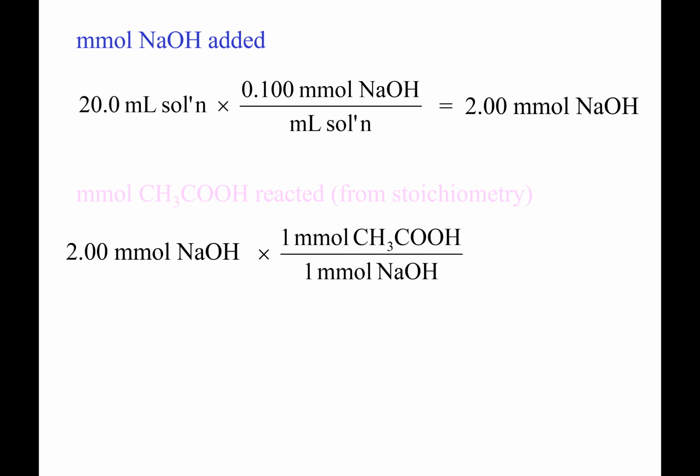If we start with the millimoles of NaOH that were added, doing the stoichiometry of 1-to-1, that means I'm going to subtract 2.00 millimoles. Okay, so 2.00 millimoles of CH3COOH reacted with that 2.00 millimoles of NaOH.